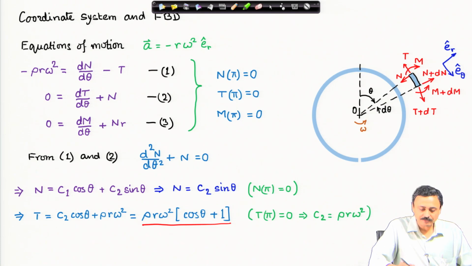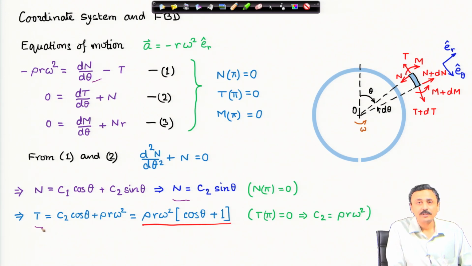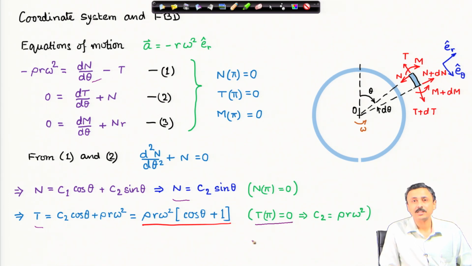Now, if I get N from here, I have N in terms of C2, I just substitute in the first equation and solve for the tension. Therefore, tension becomes C2 times cosine theta plus rho R square omega square, and when I use the condition that the tension at theta equal to pi is 0, we can solve for C2.